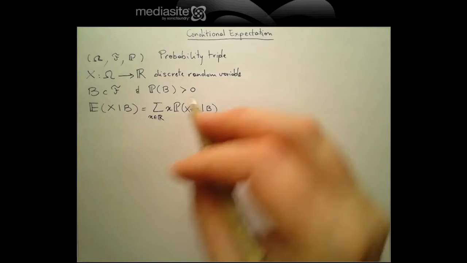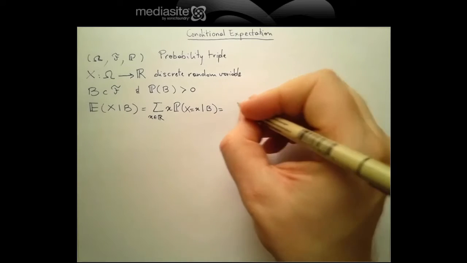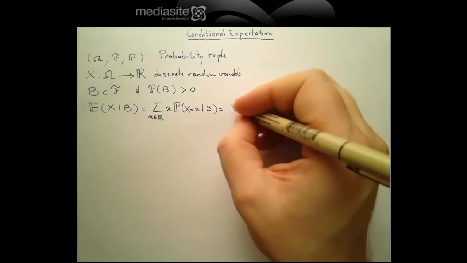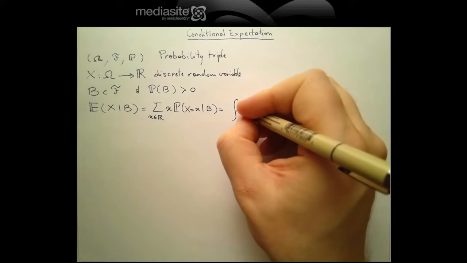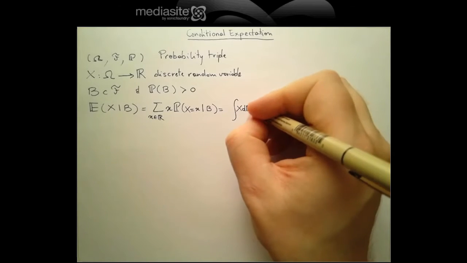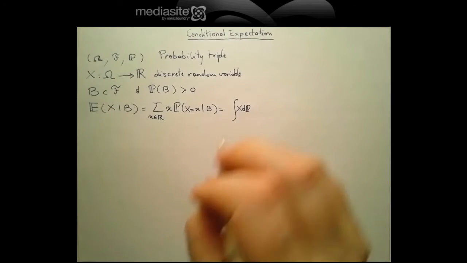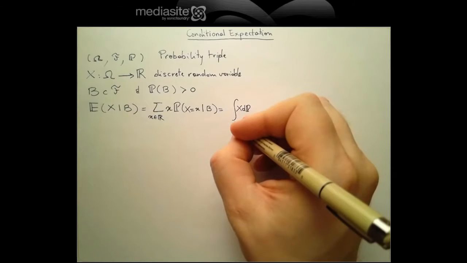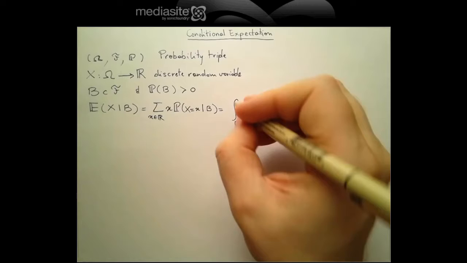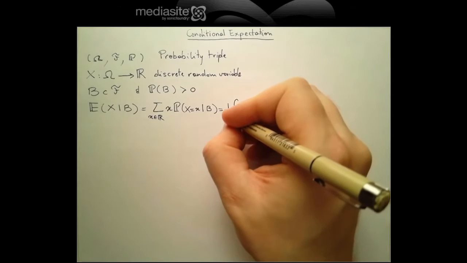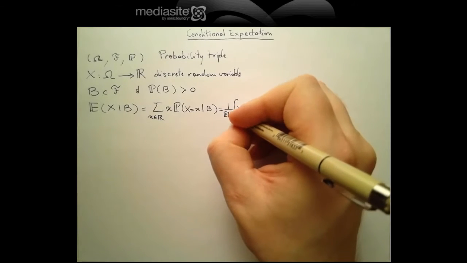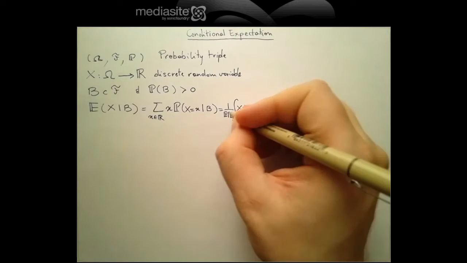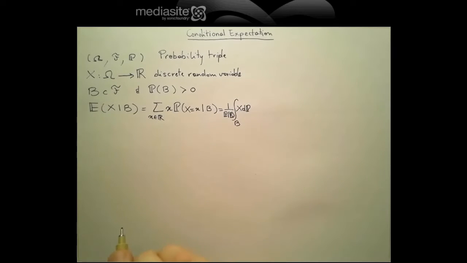In terms of the integral approach, it would be like if we were to integrate the variable X on the event B, and then take the average, so divide by the measure of B.